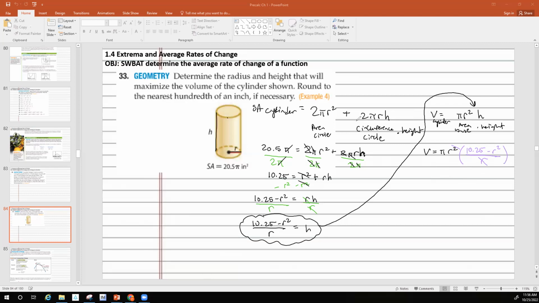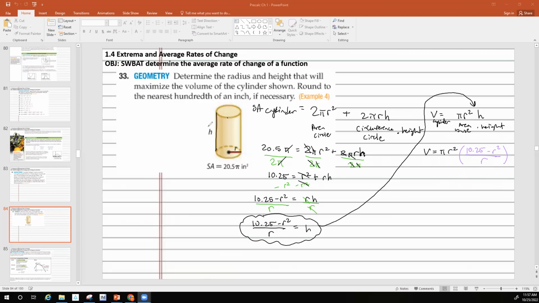You can simplify this to V equals 10.25 pi r minus pi r cubed when you distribute these two. But I'm going to show you the harder way, just writing it the way it is. That's the lazy way to do it.